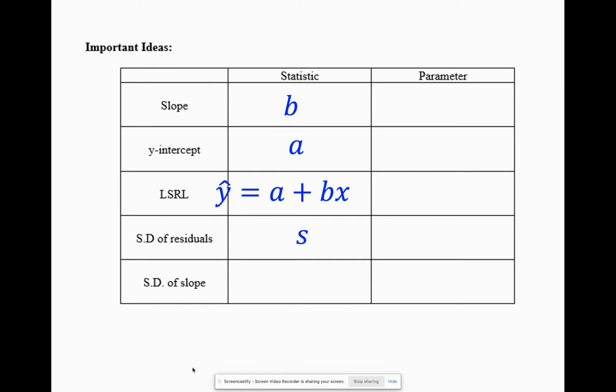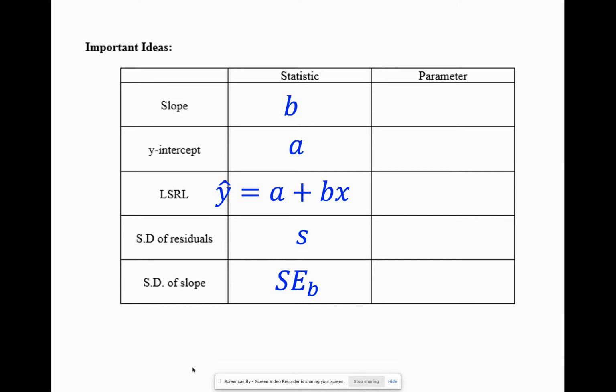We talked about the standard deviation of the residuals, which in chapter 3 we used the symbol s for. And we also talked about the standard deviation of the slope, which would be the standard error, SE sub b.